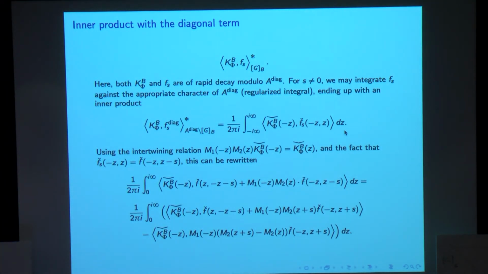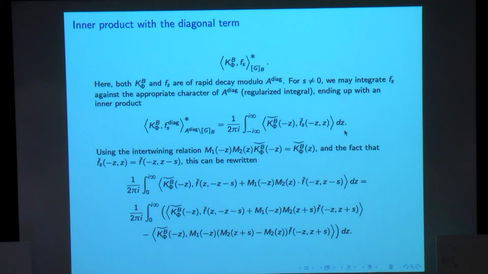And then we also have the inner product with the diagonal term. The inner product with the diagonal term is the one that doesn't converge. So in this picture, the diagonal term is this black. The diagonal term is the kernel of the operator acting on the boundary degeneration.